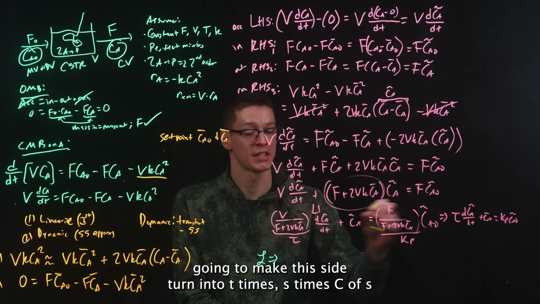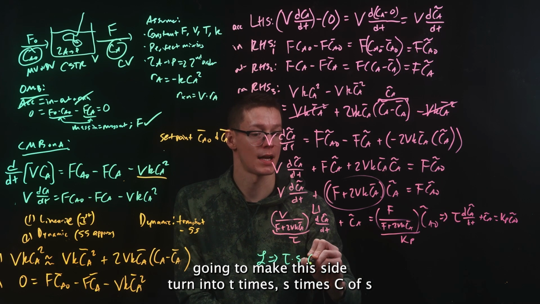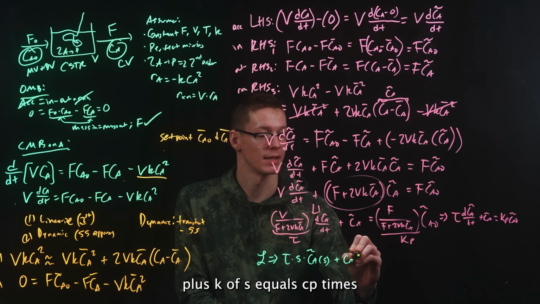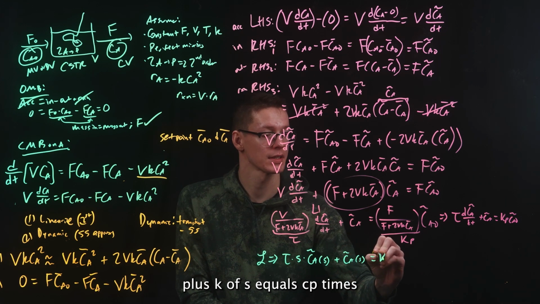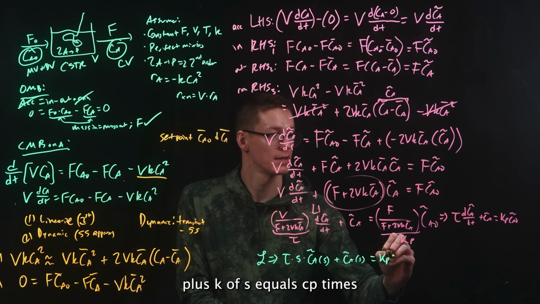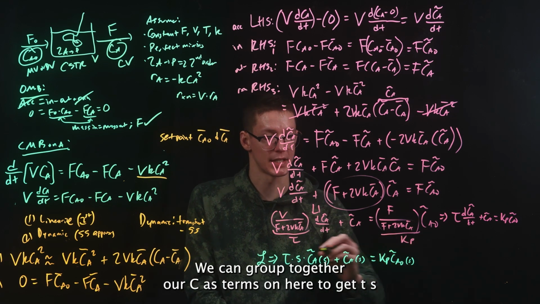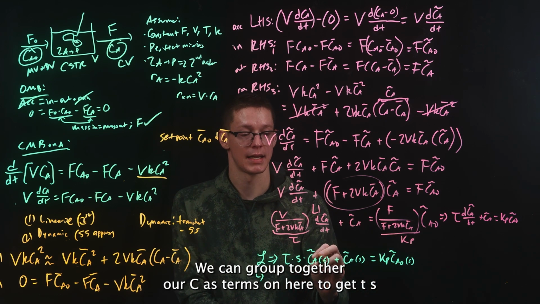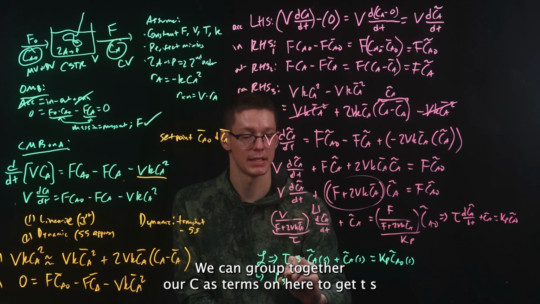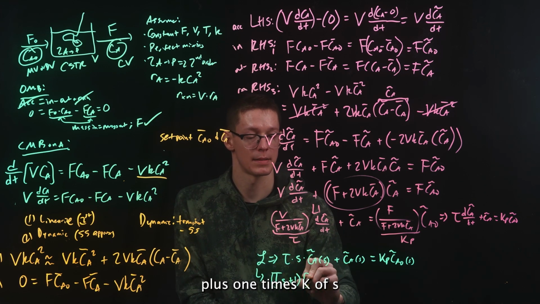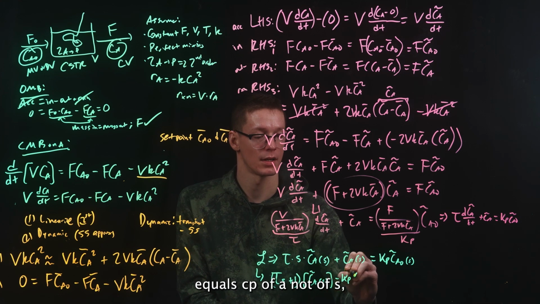That's going to make this side turn into tau times s times Ca of s plus Ca of s equals Kp times Ca naught of s. We can group together our Ca of s terms on here to get tau s plus 1 times Ca of s equals Kp times Ca naught of s.